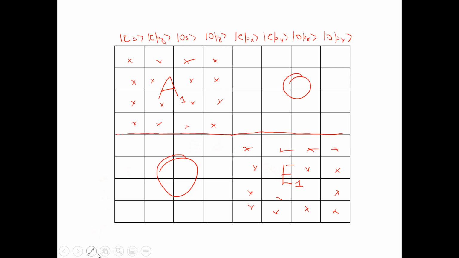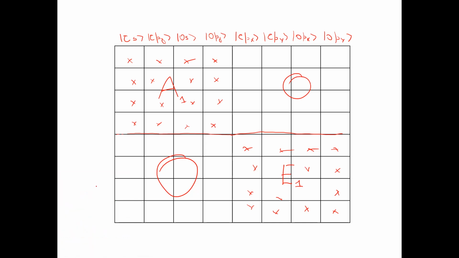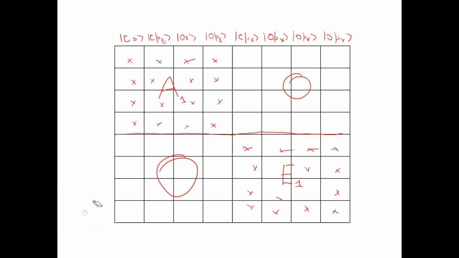There's one extra thing that I could do, which is, let me write it in another way here. Let me call this OPX, and there's even a better way to do it. I can switch the order here, and I can call this carbon oxygen PX and this carbon PY oxygen PY.